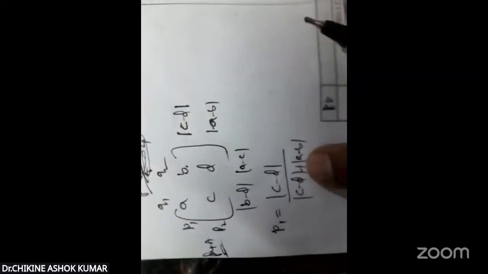P1 is mod of C minus D divided by mod of C minus D plus mod of A minus B. Similarly, for P2, mod of A minus B divided by mod of C minus D plus mod of A minus B.